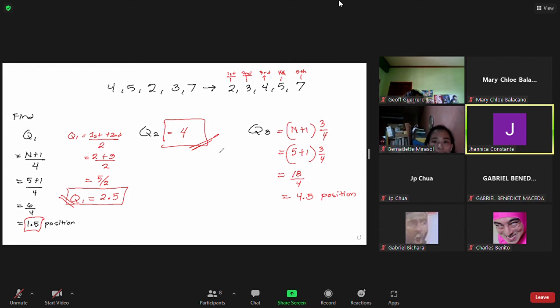Looking at the order of numbers from the data that we have, it's between the fourth position and the fifth position. So the same as what we did with quartile 1, we're going to add the number in the fourth position and the fifth position to find the value of our quartile 3.